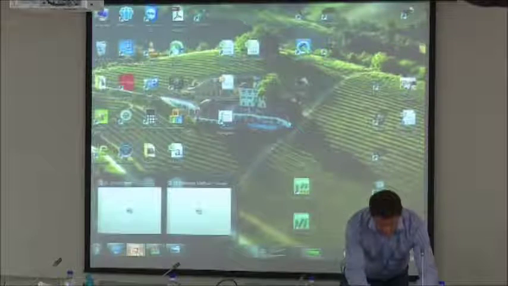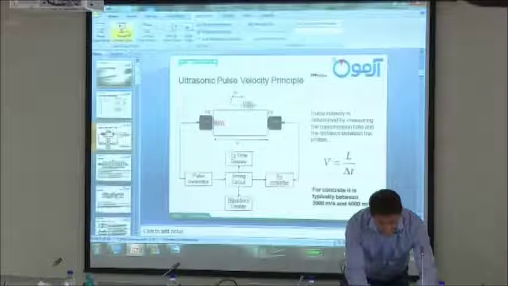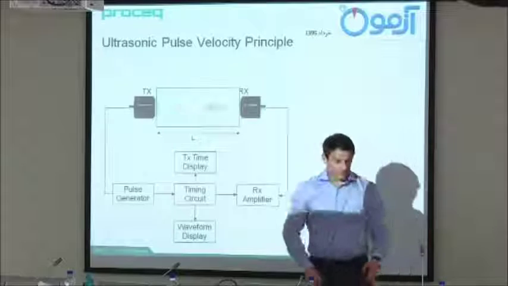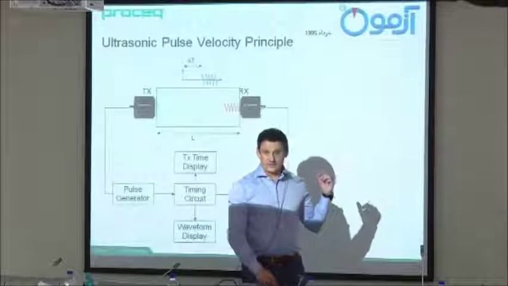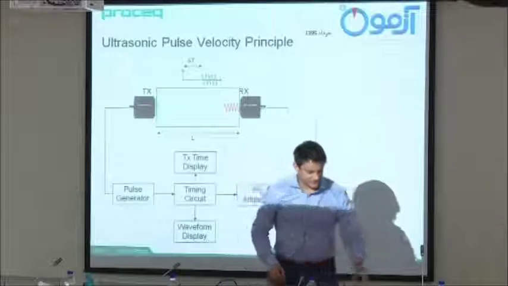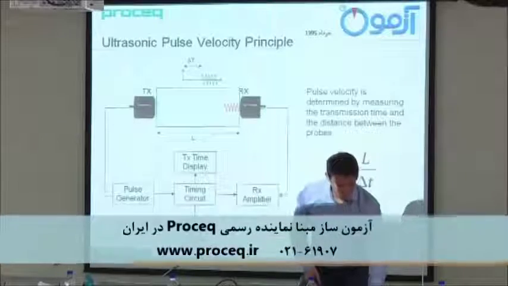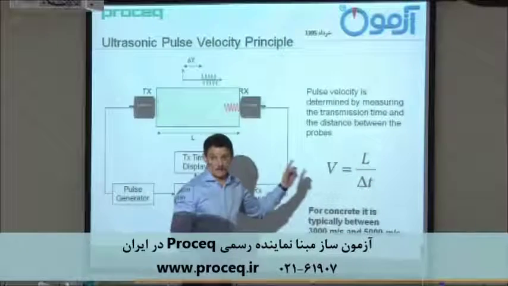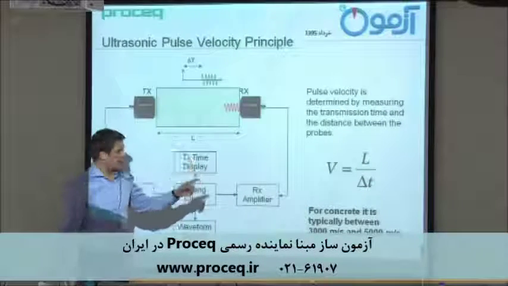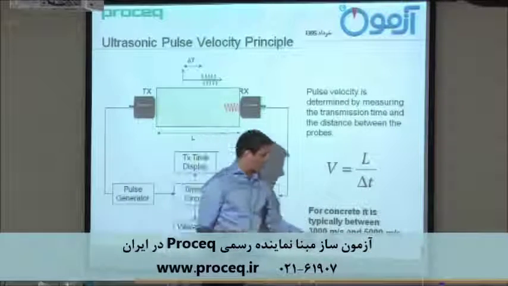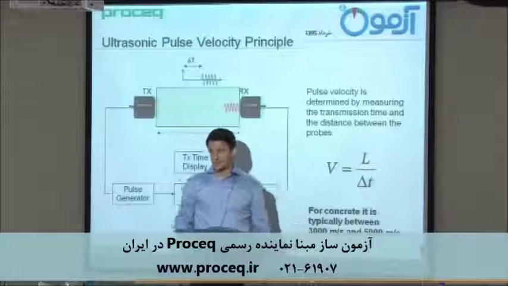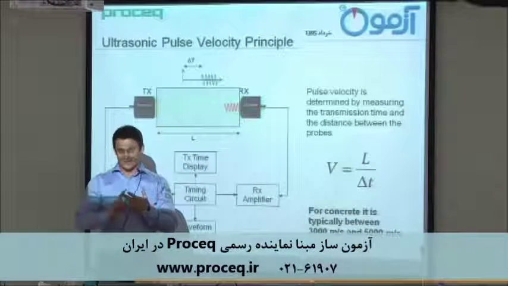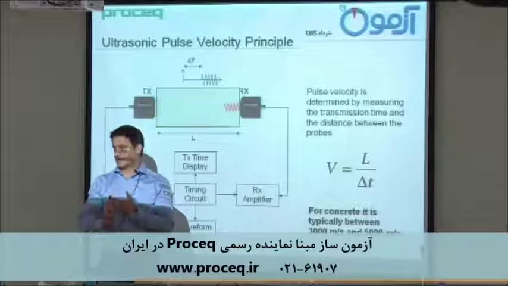Going back to presentation. I think it was explained in your language, so I go through. You see the formula. What you have seen at the chart from the norm is more or less, we talk about 3,000 to 5,000 meter per second. Good to know is 5,000 to 6,000 meter per second is usually steel.